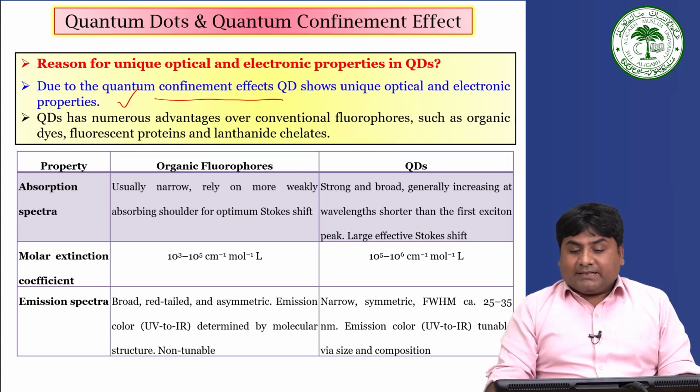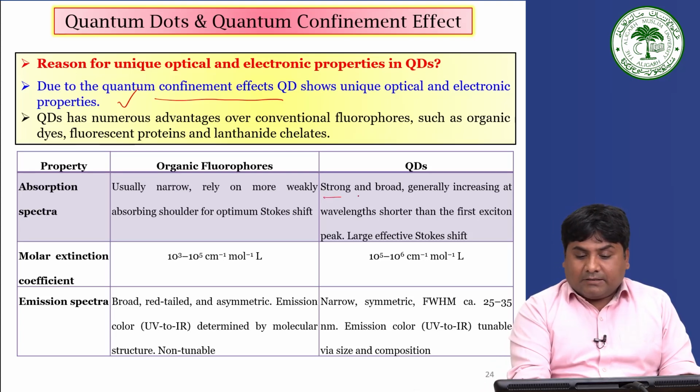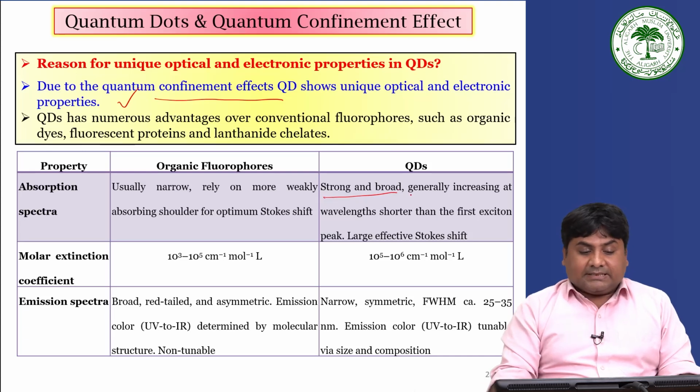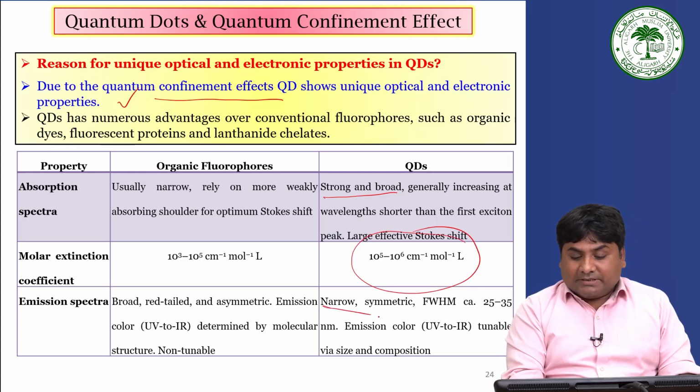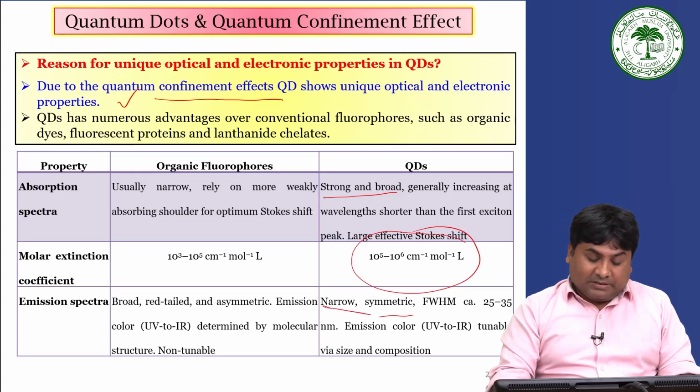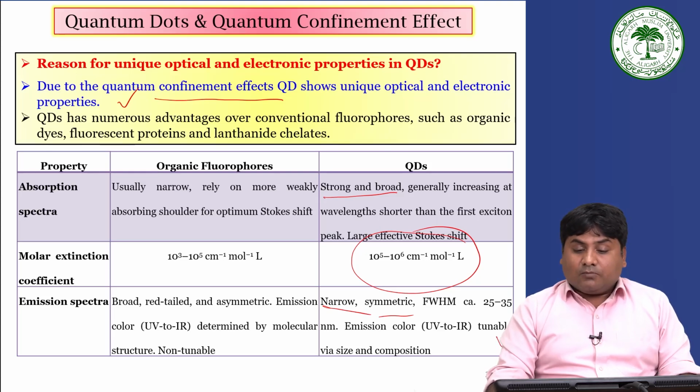Quantum dots generally have very strong and broad absorption spectra. It also has a very large molar extinction coefficient, and it shows narrow symmetric emission spectra. So these are the advantages of quantum dots over organic fluorophores.